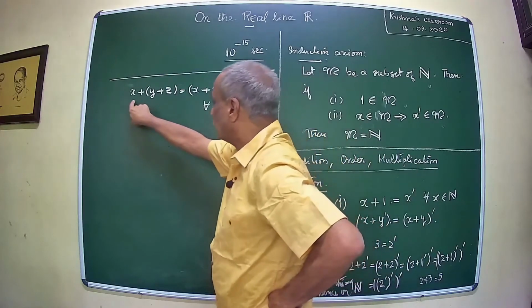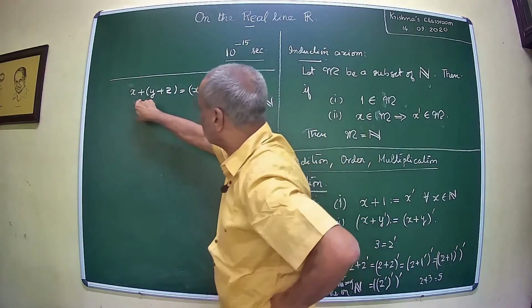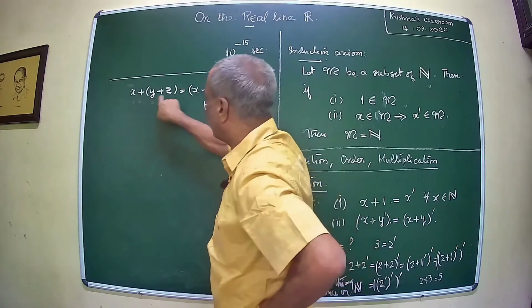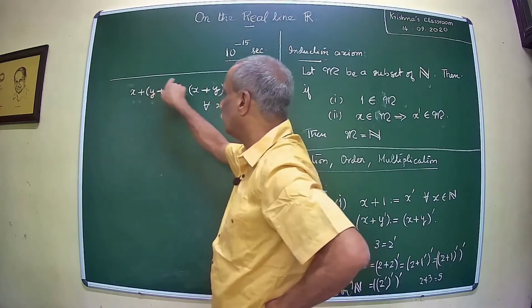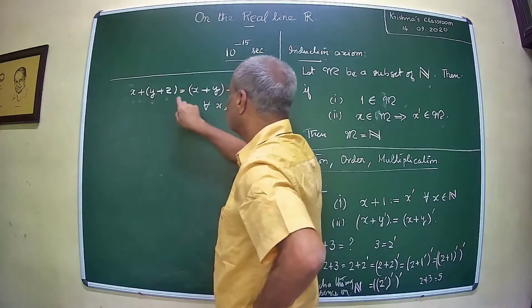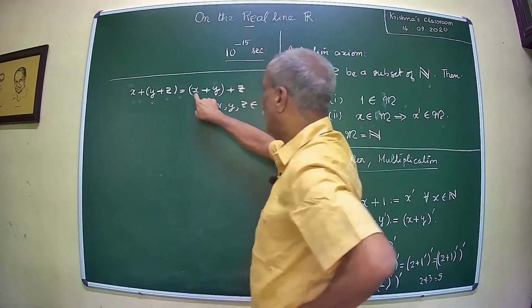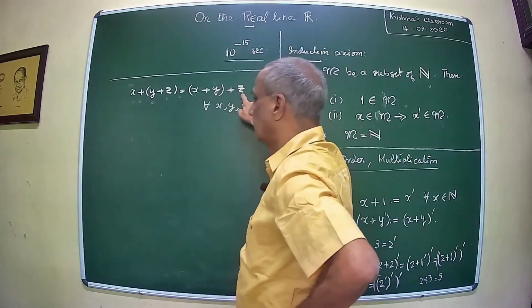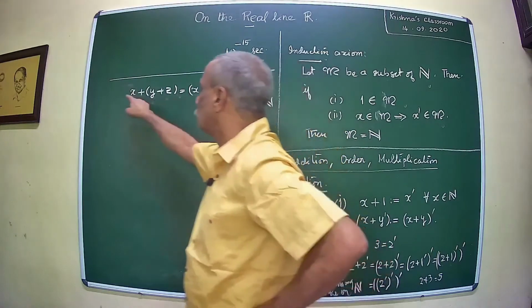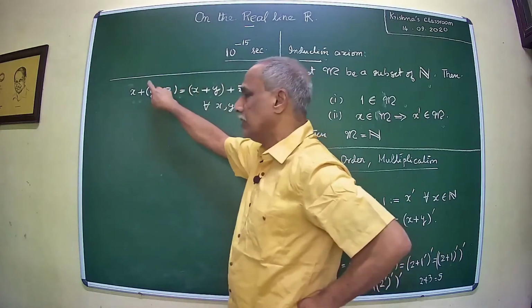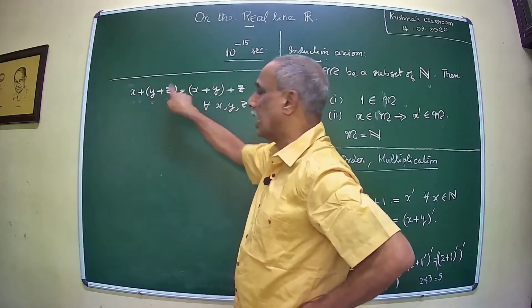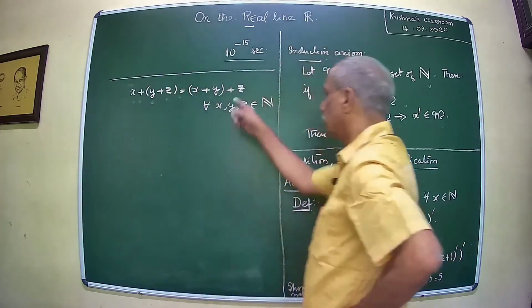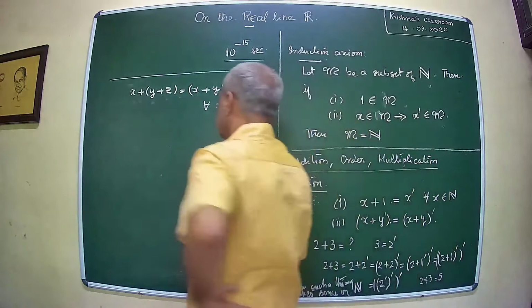You take x, add to it the sum of y and z. That's the meaning of this bracket. This is equal to the sum of x with y, added to z. It is immaterial which way you add it, therefore you can eventually discard this bracket. So this is what is called associativity.